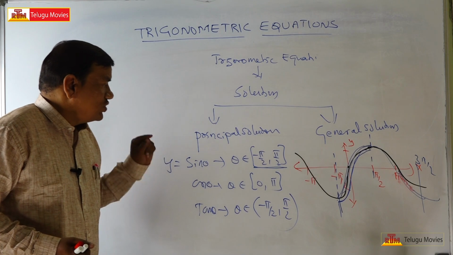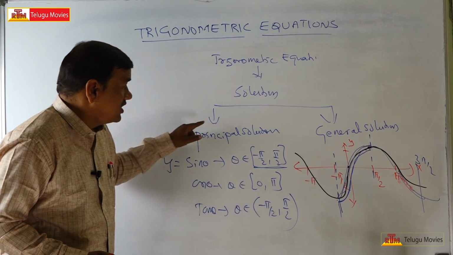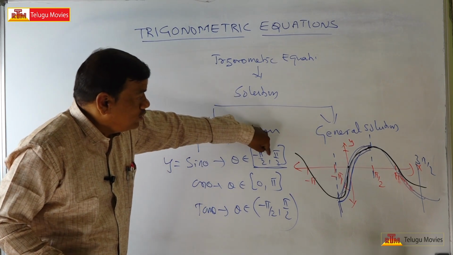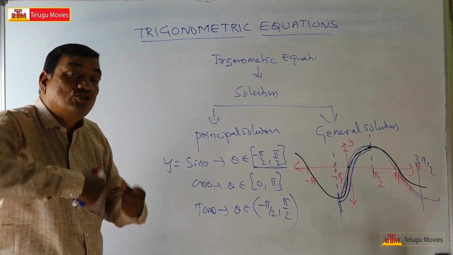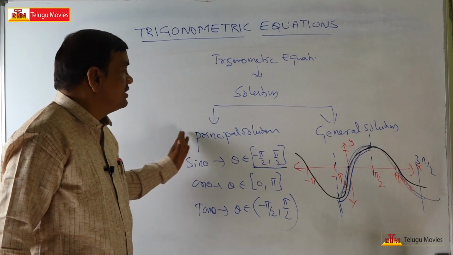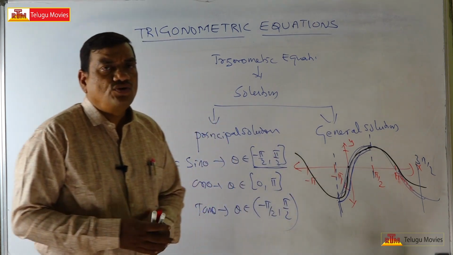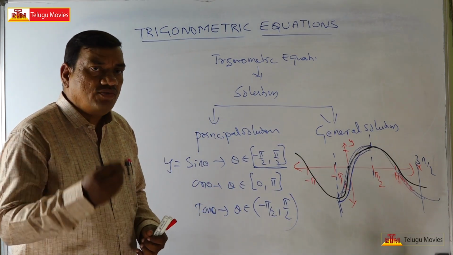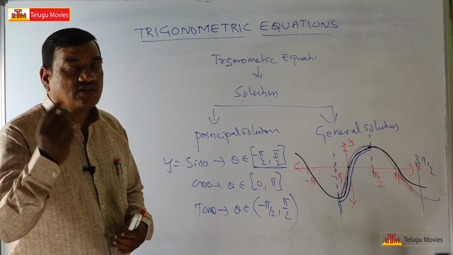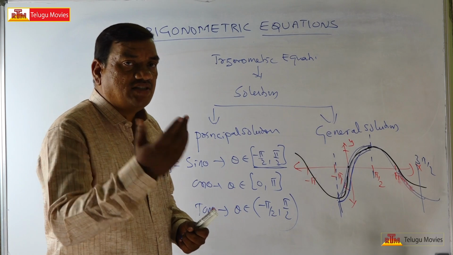So the solutions which come from these intervals are principal solutions, and using them we will generate the remaining solutions, which give the general solution. Understand this? What is a principal solution and general solution? If you go to the market, first you ask for 1 kg. 1 kg tomato is how much? 1 kg onions is how much?